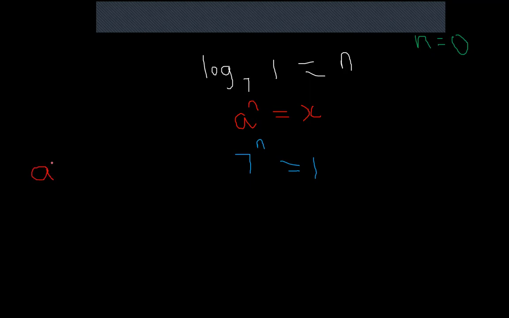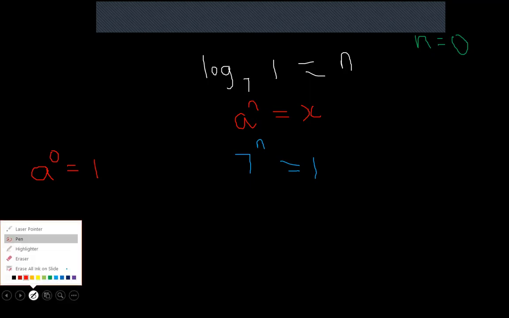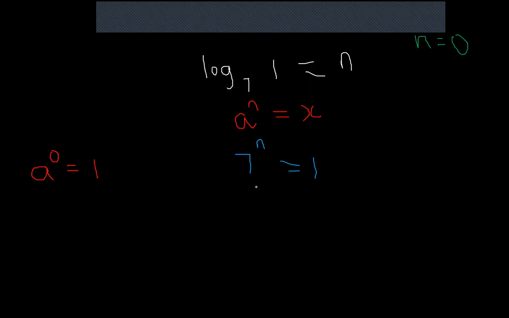Any base raised to the power of 0 is going to give me 1. So if this is 1, and I want to write them to the same base, I could say 7 to the power of n is equal to 7 to the power of 0.